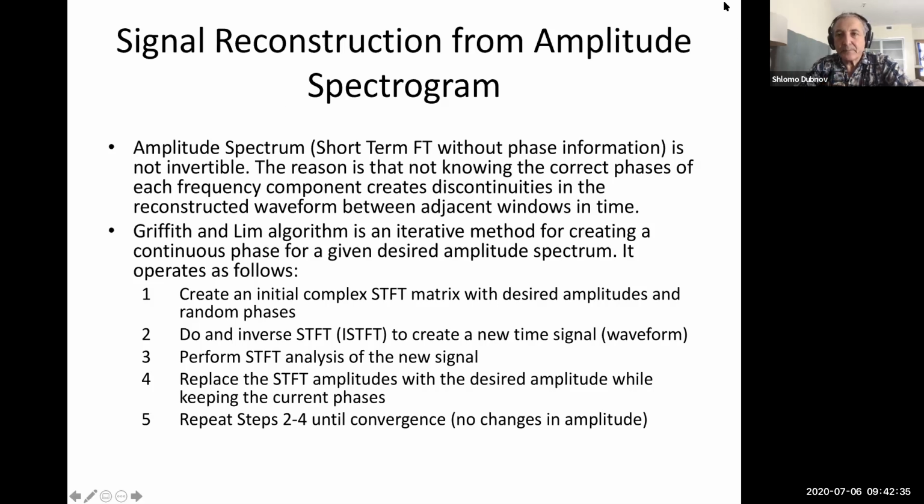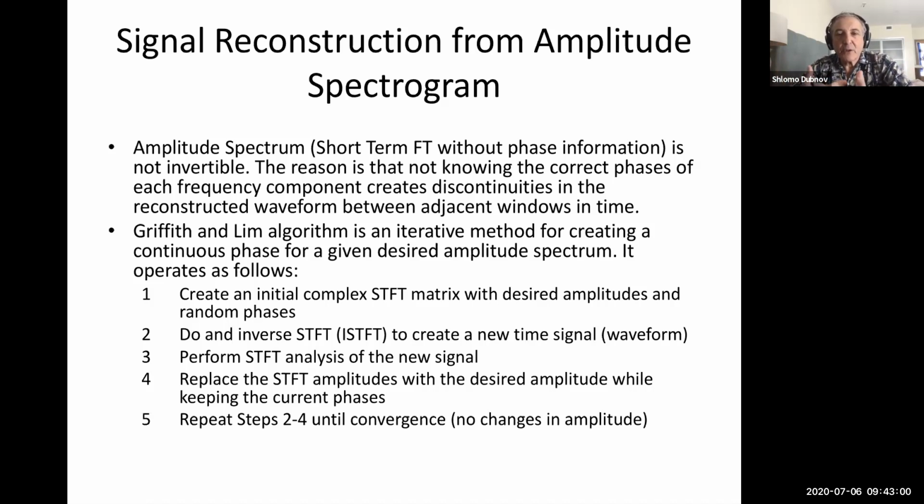The title of this page is Signal Reconstruction from Amplitudes of the Spectrogram rather than the complex frequency. If we have the amplitude spectrum, which is the short-term Fourier transform without the phase information, it's not invertible by just a mathematical operation.